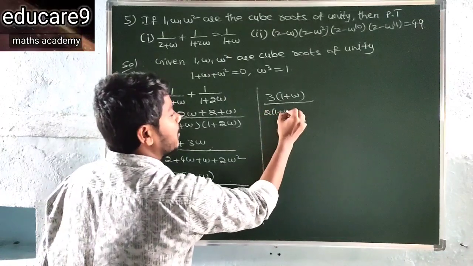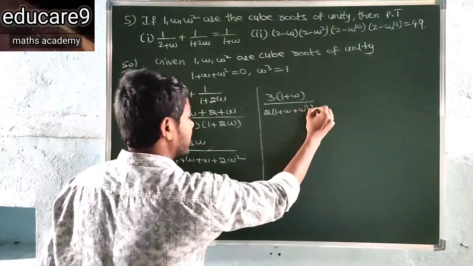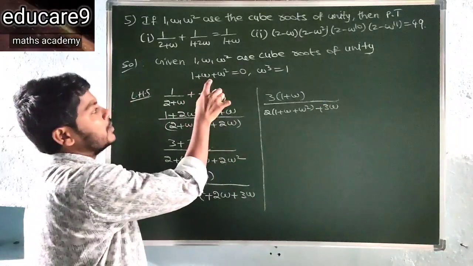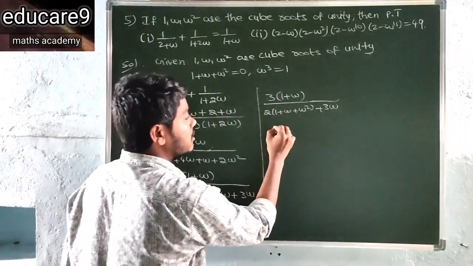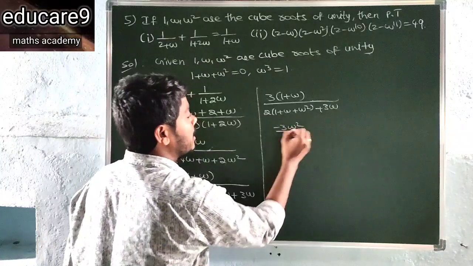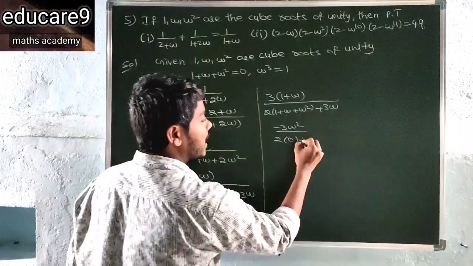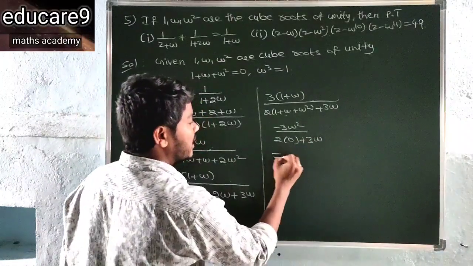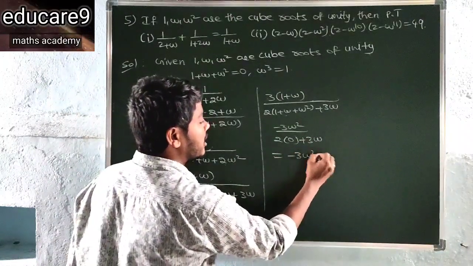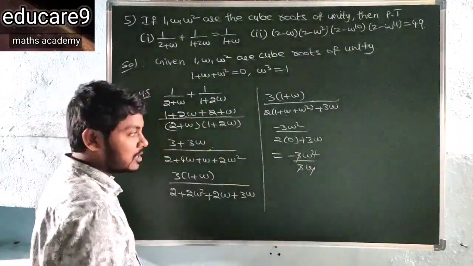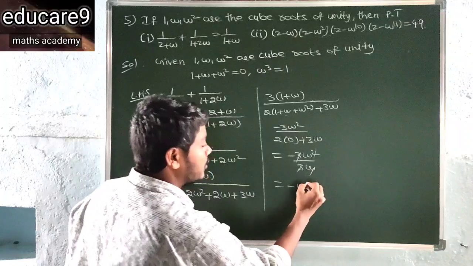So you will get 2 into (1 plus omega square) plus 3 omega. So what is 1 plus omega value? Minus omega square. So minus 3 omega square by 2 into (1 plus omega square, which is 0) plus 3 omega. So clearly this is minus 3 omega square by 3 omega. So 3, 3 and one omega get cancelled. Now this is what? Minus omega.